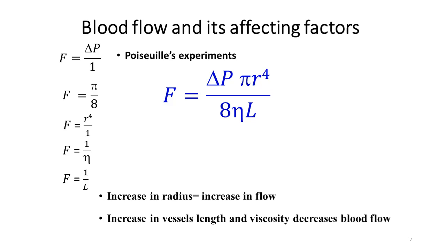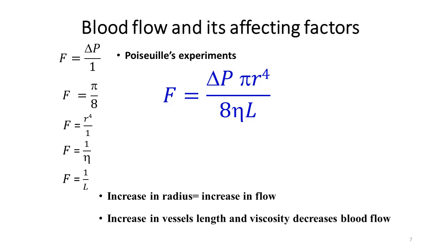So we want to change some other factors instead of pressure to increase the blood flow. For example, we can change the viscosity. How can we change viscosity? We can donate blood to decrease the viscosity and increase the flow.